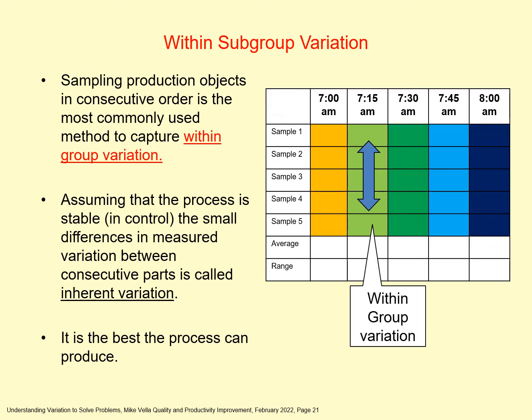So the within-group variation indicates the variation that is exhibited within the subgroup. This within-subgroup variation, if the process is in control, is the best the process can produce given the current setup.